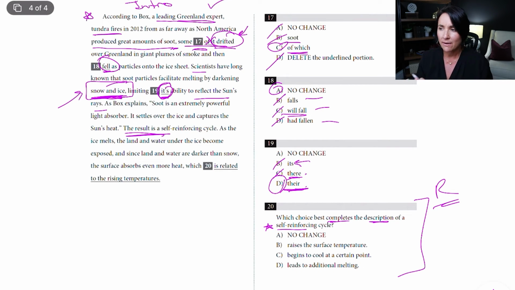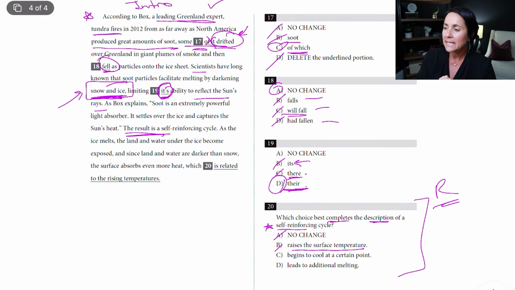Okay, so we have A there. Let's take a look at B, which raises the surface temperature. Remember what I said about things that are similar, is related to rising temperature, raises the surface temperature. Both seem the same. I'm going to be cautious of those two. So A and B right now are out for me because they're too much the same and they don't sound correct.